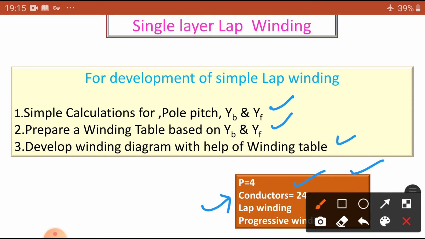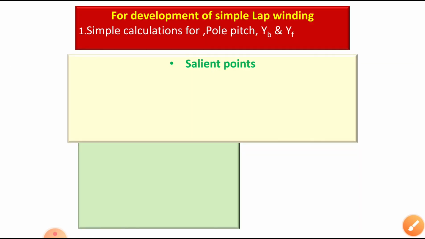Okay, so first let us see the calculation of pole pitch, back pitch and front pitch in lap winding in case of AC. For development of a simple lap winding, we need simple calculations for the pole pitch and Y pitch. What are the salient points? Once again, recollect.